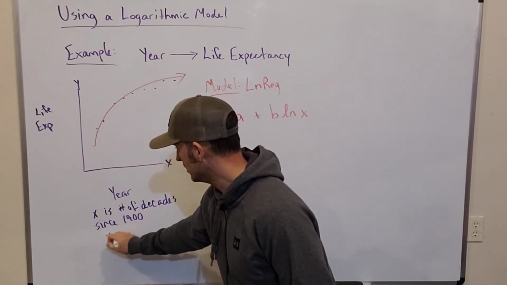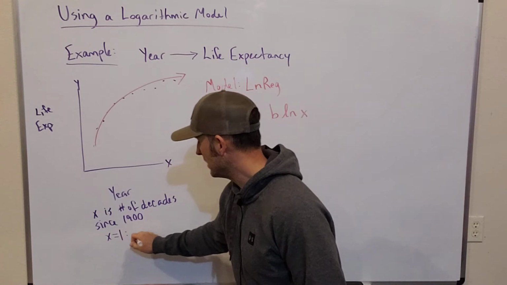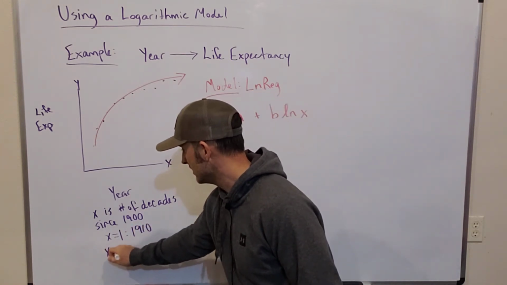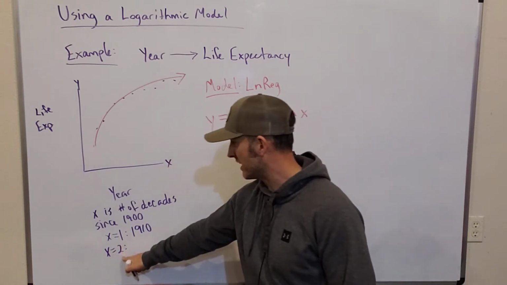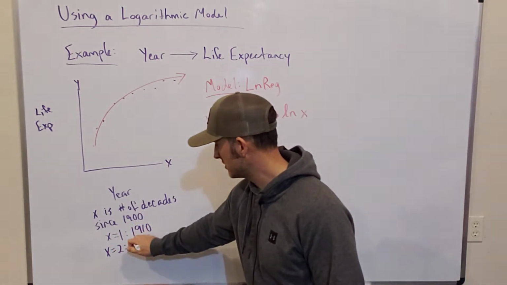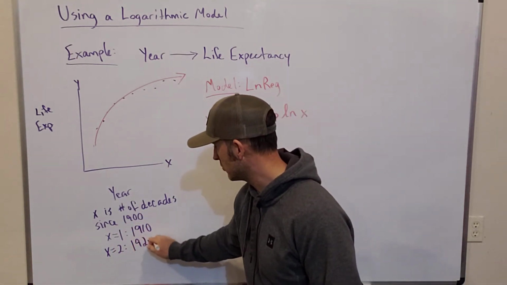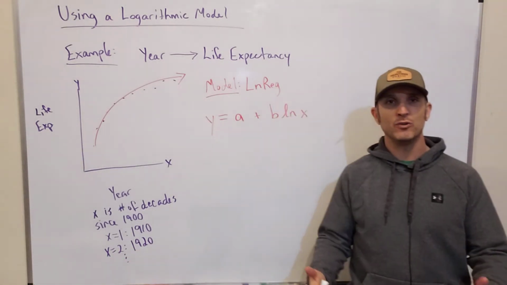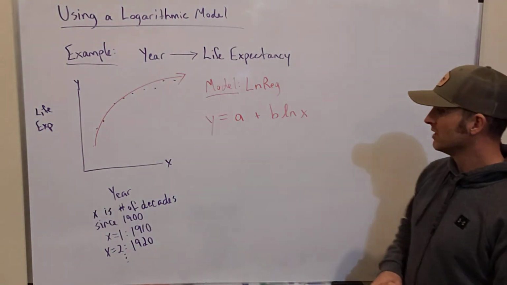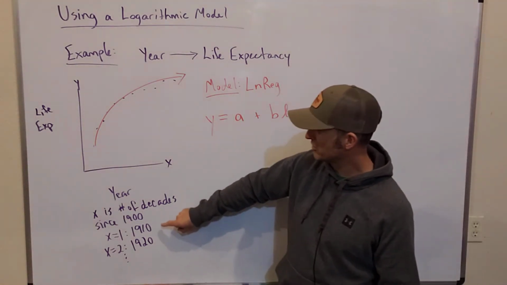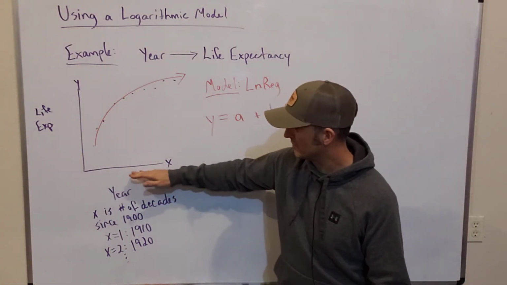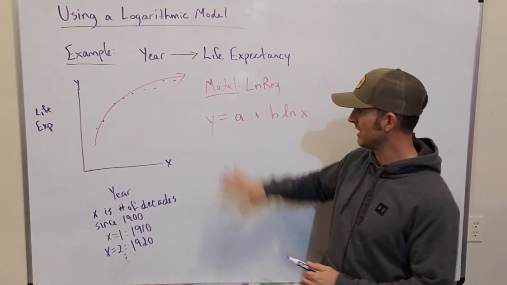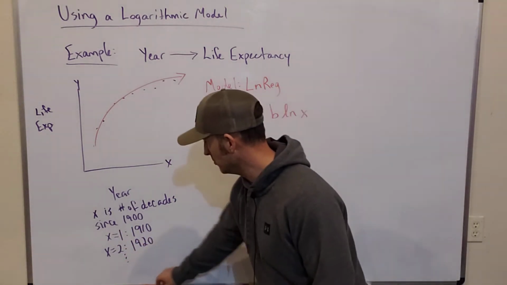So for example, if x is 1, that means that we're in the year 1910. If x is 2, then we're 2 decades, 20 years since 1900. So we're talking 1920, and so on. So for example, if x were 5, we'd be talking about 1950. This is a common practice where you don't actually use the year as your x value. You translate it to be a nicer x value to work with. And that's what this model here is assuming.